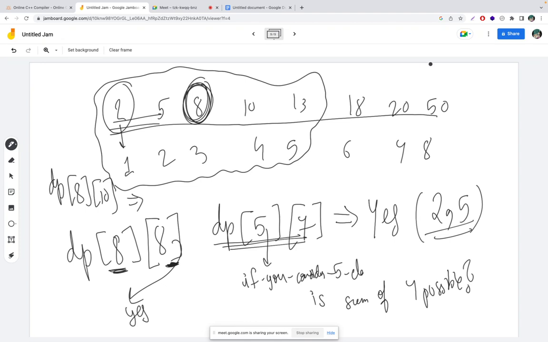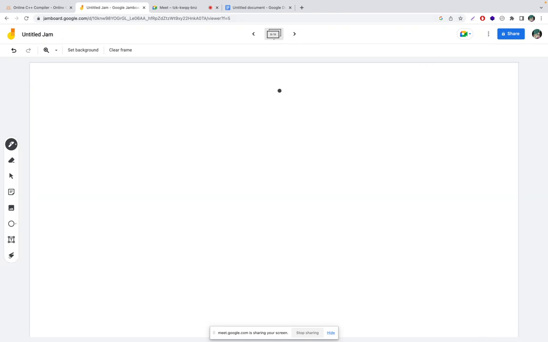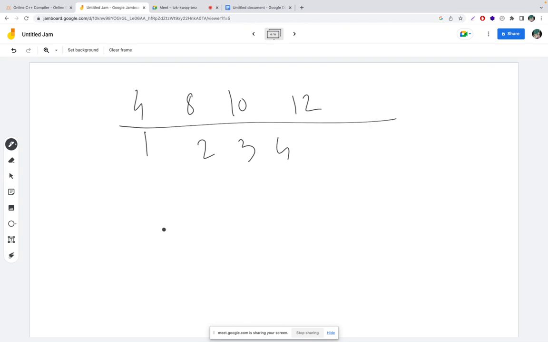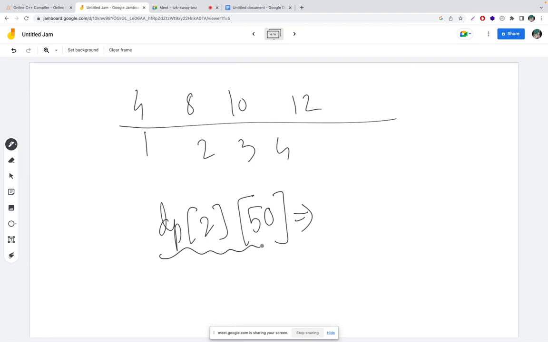So guys, last question. Let's say I have an array 4, 8, 10, 12. Okay, clear? 1, 2, 3, 4 is the index. Clear, Raj? Tell me DP of 2 of 50. Raj, tell me what will be its answer. What is the meaning of this? Can you clear what is the meaning of the first 2? Yeah, but we only have 4 and 8.